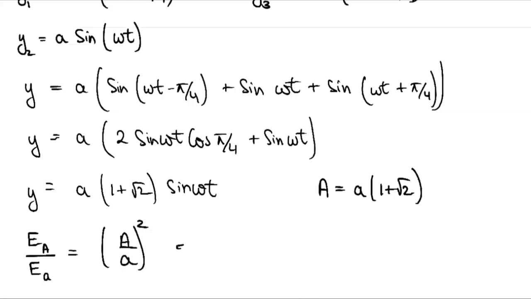Therefore, substituting the values, we find out that E capital A divided by E a is equal to root 2 plus 1 raised to the power 2. And on further solving this, we find out that the energy of the resulting SHM is equal to 3 plus 2 root 2 times that of the single SHM.